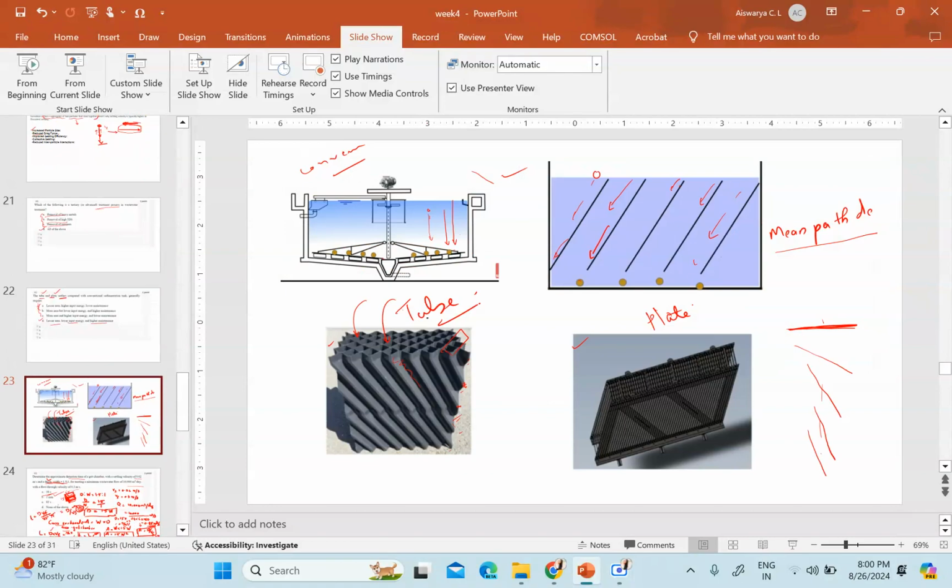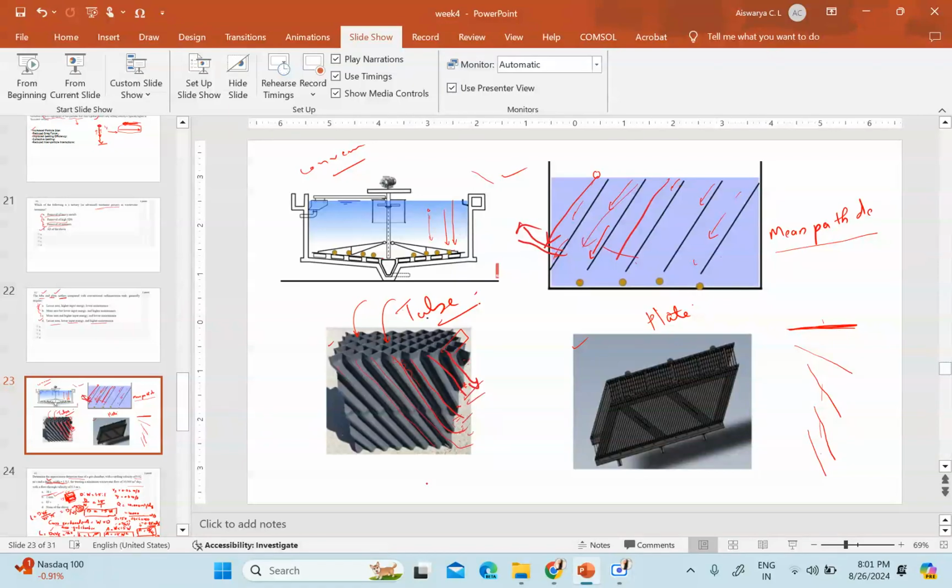Yes. So here, see, the mean depth is here. Till this way it is taken out. See here, this depth. So here the depth is less.